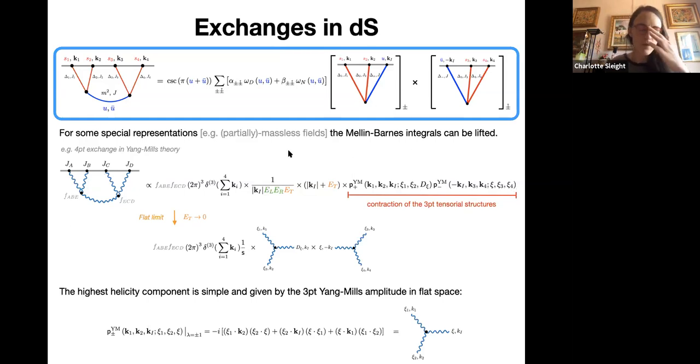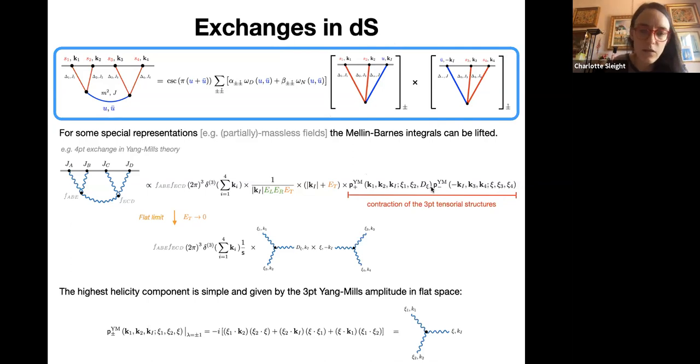And as I said before, this tensorial structure is inherited from that of the constituent 3-point contact diagrams. So this P plus is the tensorial structure of this leftmost 3-point contact diagram, and this P minus is the tensorial structure from the rightmost 3-point contact diagram. And these are being contracted together, which is why you have a derivative here in the internal polarization psi.